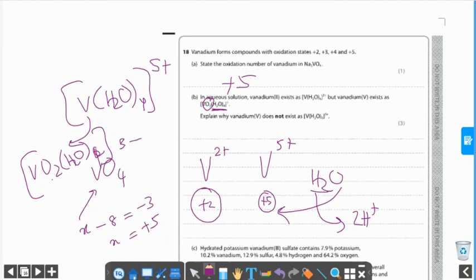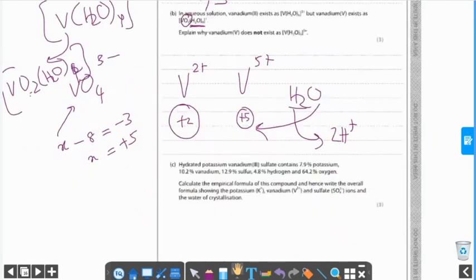This causes vanadium to polarize two water molecules, causing them to deprotonate, losing H+ ions.